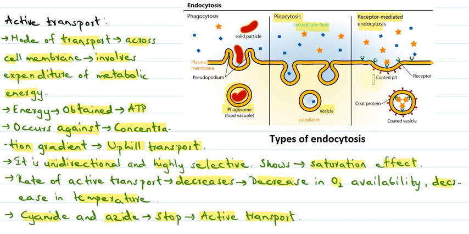The receptors on the plasma membrane of the target tissue will specifically bind to ligands present on the outer side of the cell, and an endocytotic process occurs and the ligand is then ingested. Here we can see the coated vesicle, and these are the coat proteins. Okay, so this is the process of receptor mediated endocytosis.